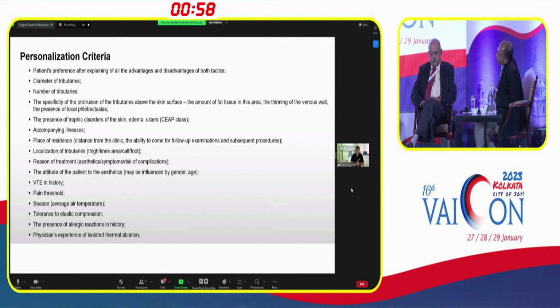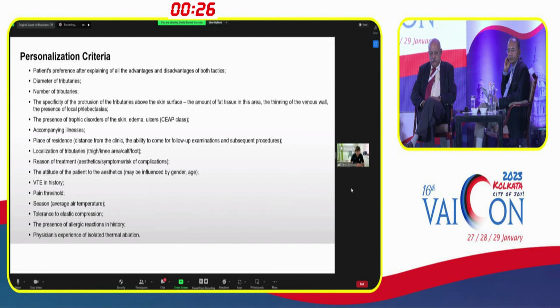Today we use these personalization criteria, such as patient's preference after explaining all of the advantages and disadvantages of both tactics, diameter of tributaries, number of tributaries, the protrusion of tributaries above the skin surface, the amount of fat tissue in this area, the thinning of the venous wall, the presence of local phlebectasias, the presence of trophic disorders of the skin, edema, ulcers, accompanying illnesses, place of residence, distance from the clinic.